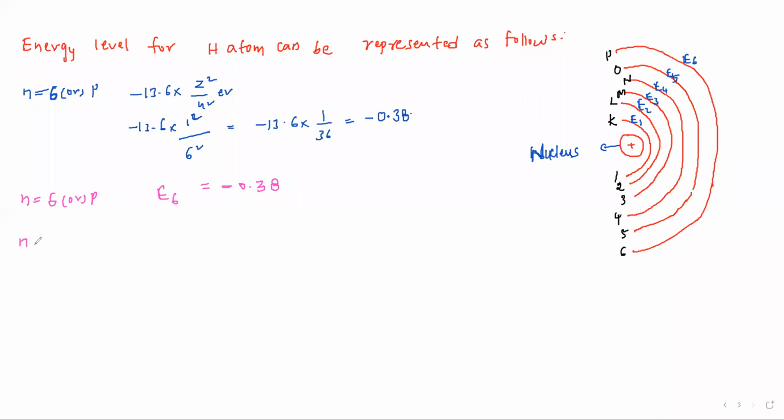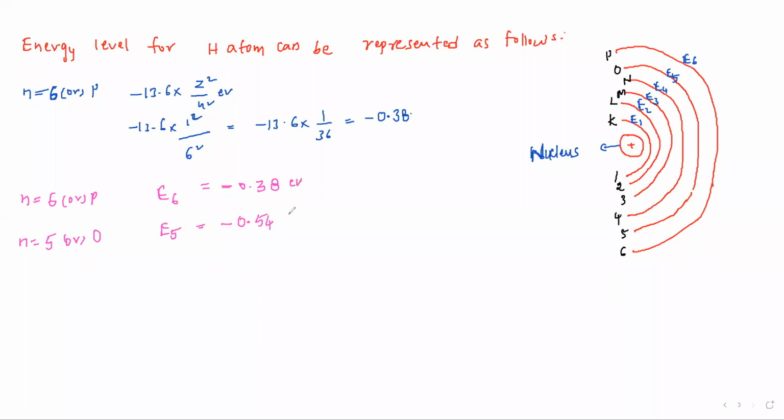Next, n is equal to 5, that is the O shell, the energy of the fifth shell, minus 0.54.